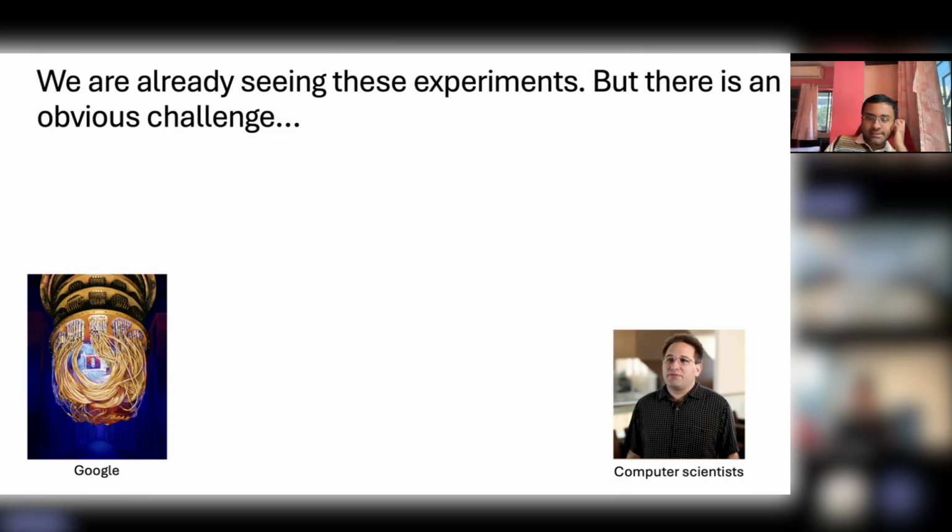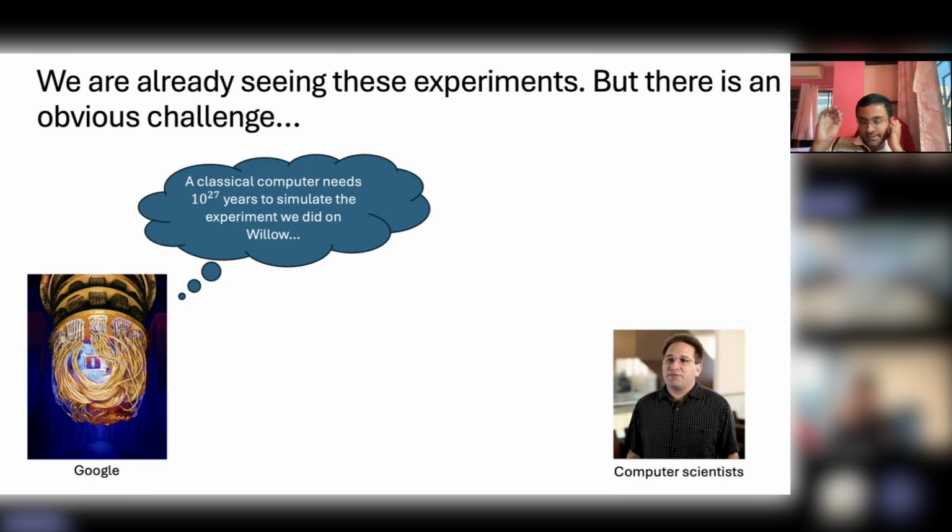And what's the challenge? Say Google claims that they have a quantum computer that performs some task such that a classical computer takes 10 to the 27 years to simulate the same task. So that's the claim.